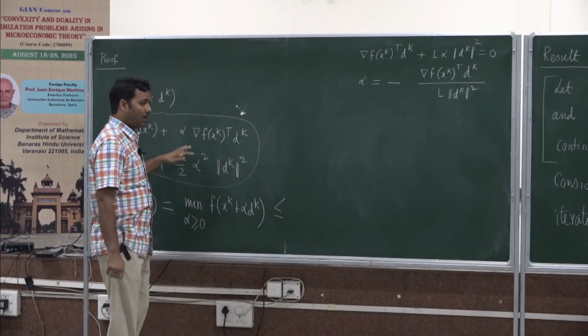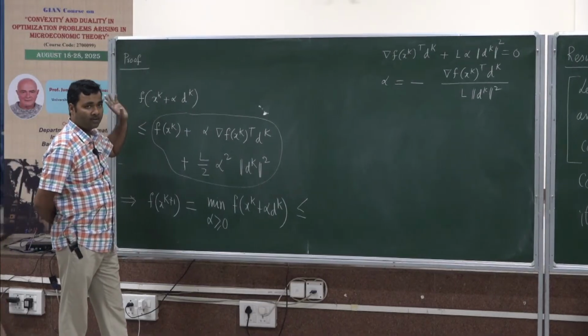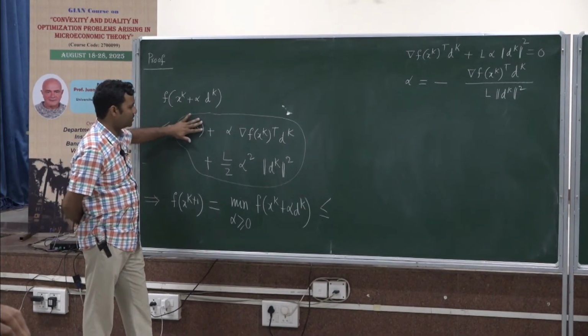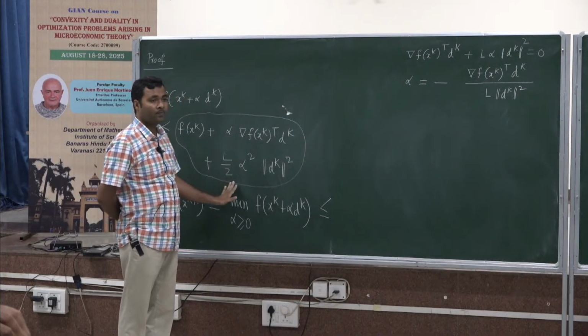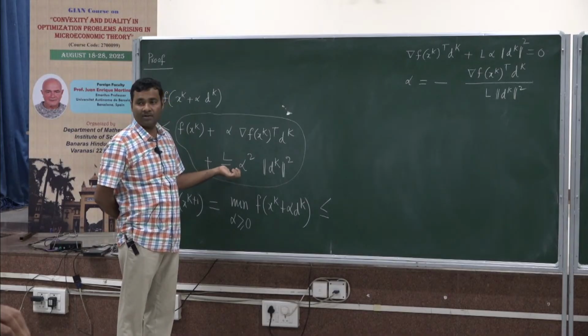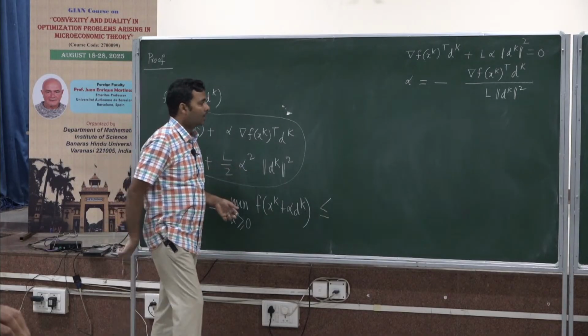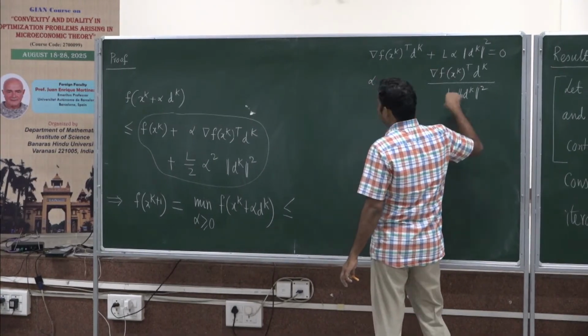Here for any particular k, this is a constant, this is a positive constant, fine. So wherever the gradient of this quadratic function is equal to 0, we will have the minimum, and this minimum is at a positive alpha.